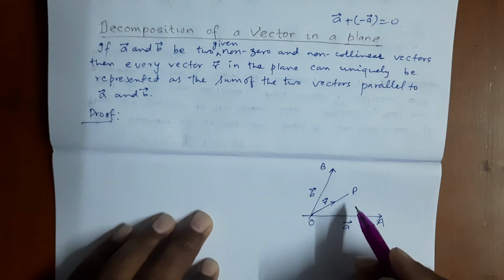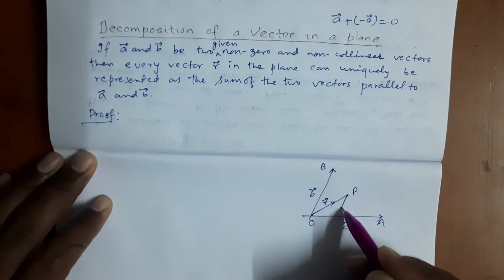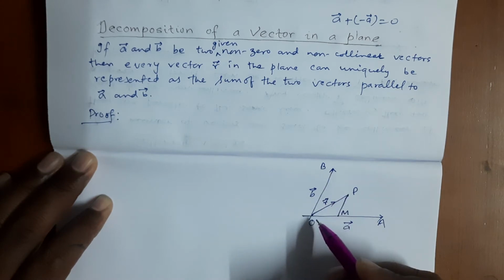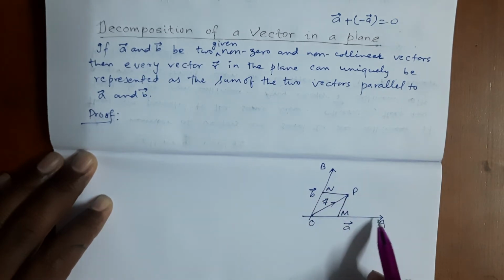From P, let us draw PM parallel to BO and PN parallel to AO.